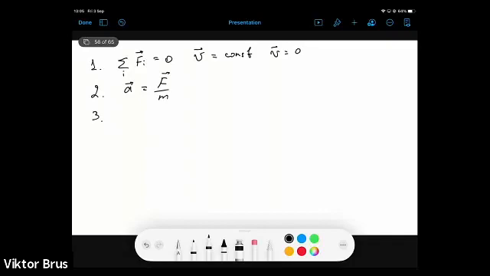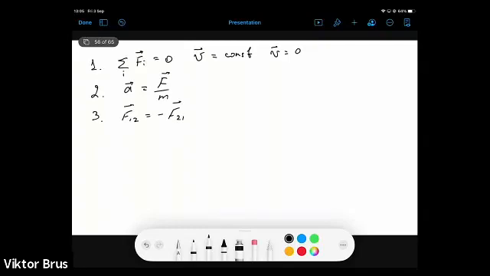And the third: if we have, for example, some system of two bodies, then there is some acting force and there is a reacting force, the same in magnitude but opposite in direction.